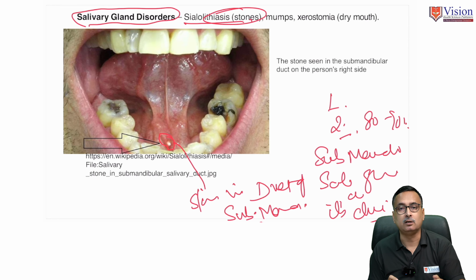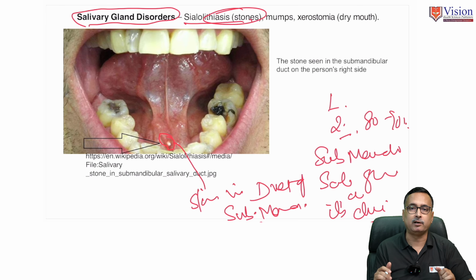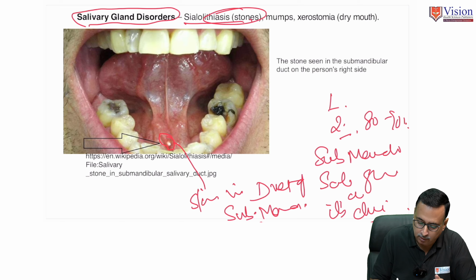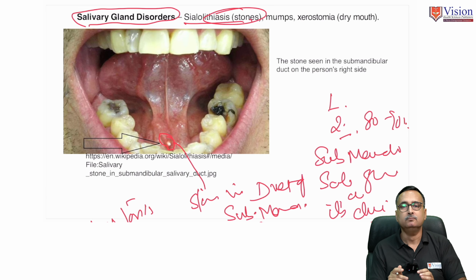You must be knowing the name of the duct of the submandibular gland. It is called Wharton's duct, and this diagram shows a stone in Wharton's duct.